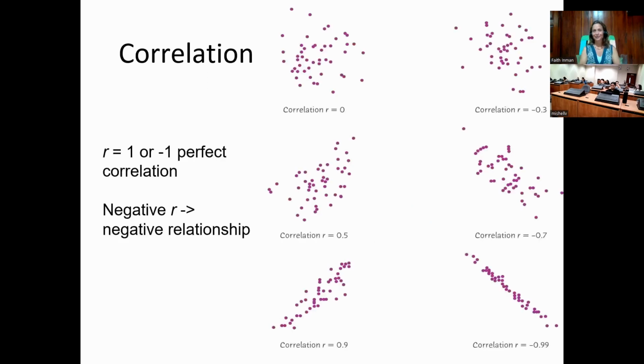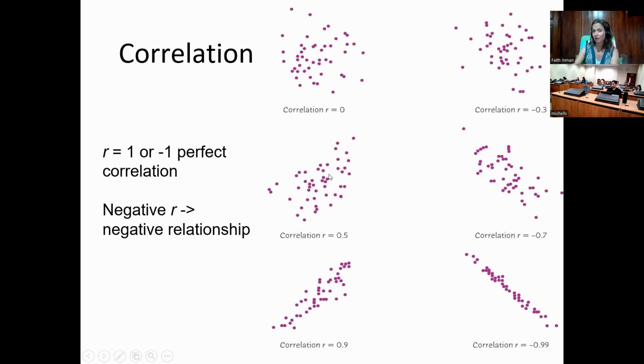And here's an example of correlations with different correlation coefficients. Again, to illustrate the point of the strength and the direction of the relationship as shown by the correlation coefficient, we have here on the top a correlation that equals 0, random scatter of points. How about a correlation that equals -0.3? That would be a weak negative relationship. How about a correlation that equals +0.5?